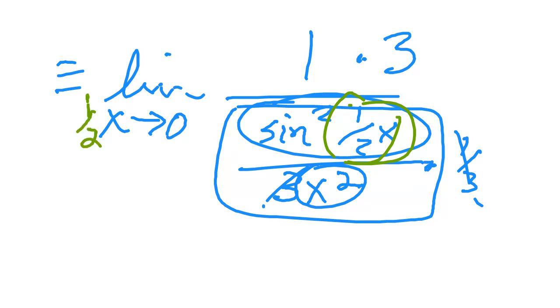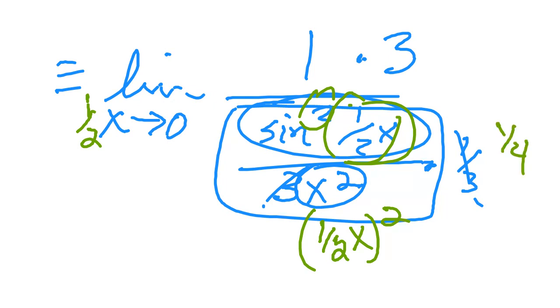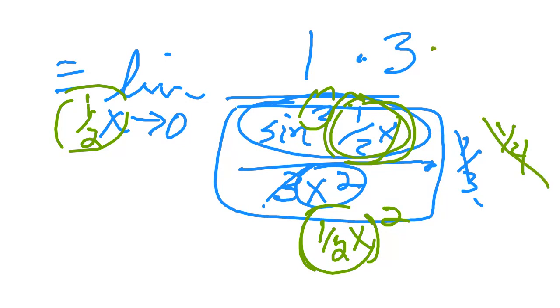So instead of x squared, I could put 1/2 x quantity squared, because I have a squared here too. That's dividing by a fourth, so I have to multiply by a fourth to undo that. Then I've got my 1/2 x, my 1/2 x, and my 1/2 x, and can use the theorem. Instead of dividing by 1/4, I can multiply by 4, so I end up getting 12 on top.